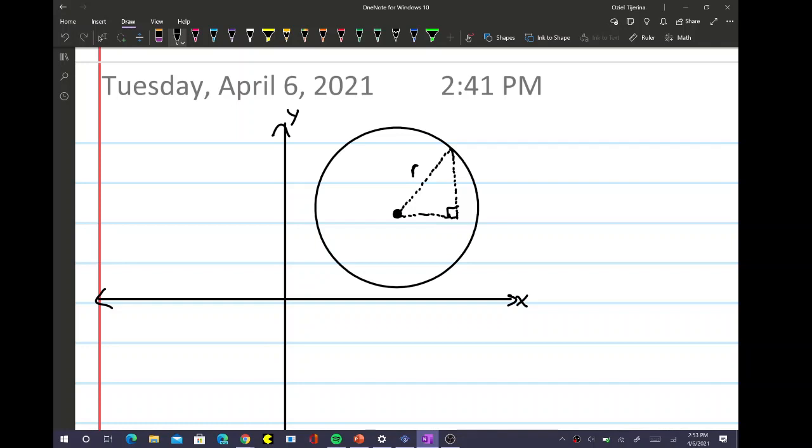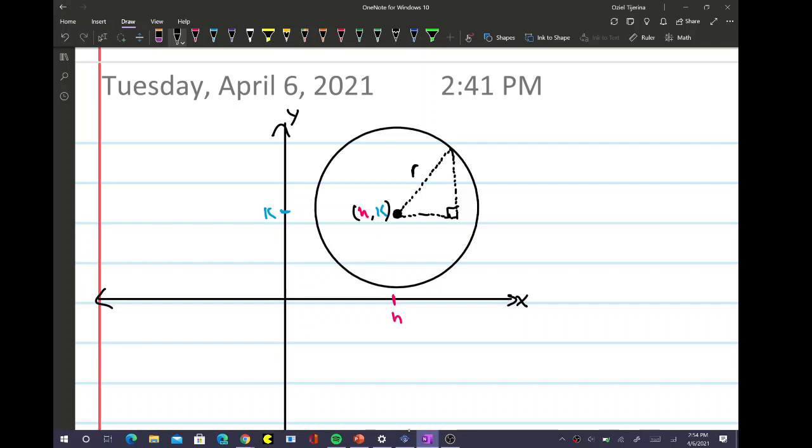So if we label the coordinates of this point, we can label them as h comma k. So this coordinate point would be h comma k, right?